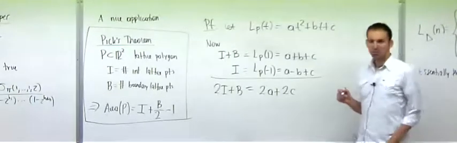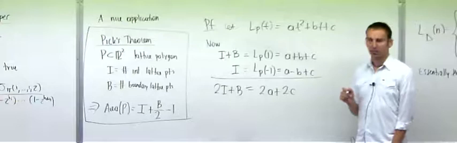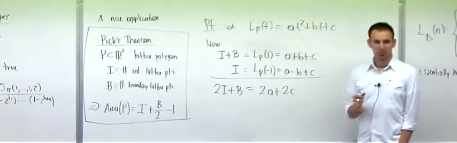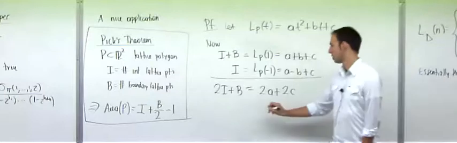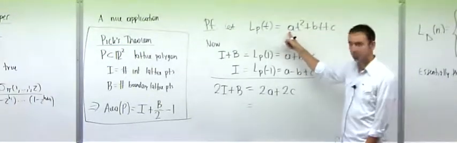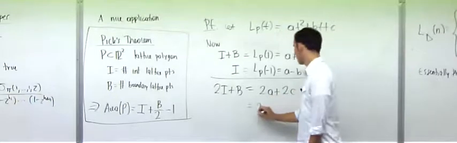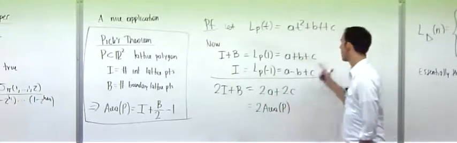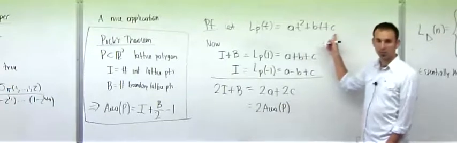Now, remember what we said about the coefficients of Ehrhart polynomials. I told you that I know what the first one is and what the last one is. What did we say? The first one was the area. I mean, the volume, but in this case, it's area. So I get 2 times the area of P. And the last one, we said was 1.